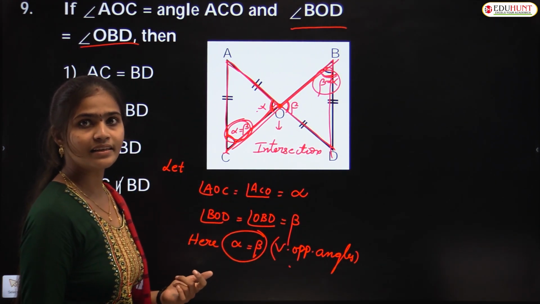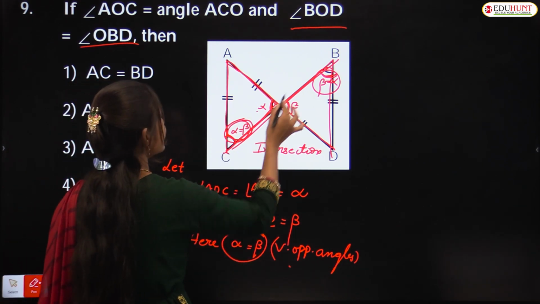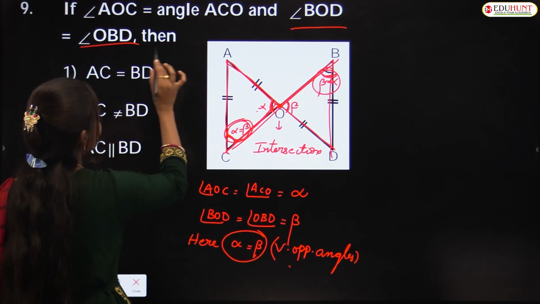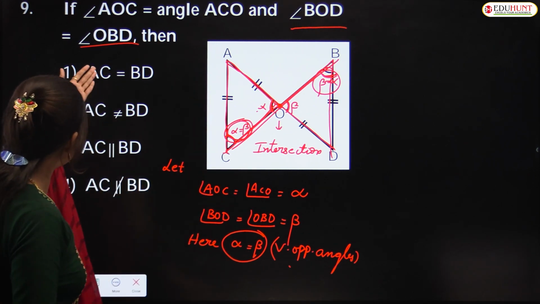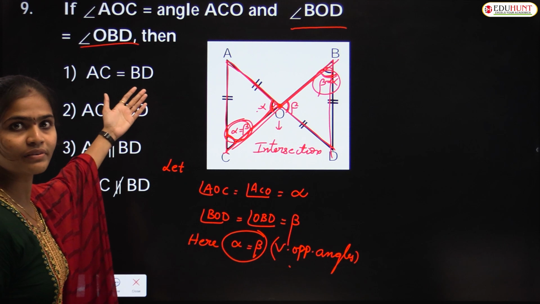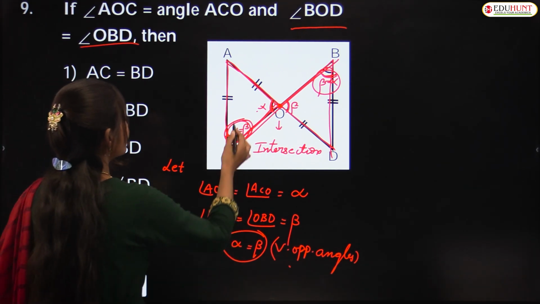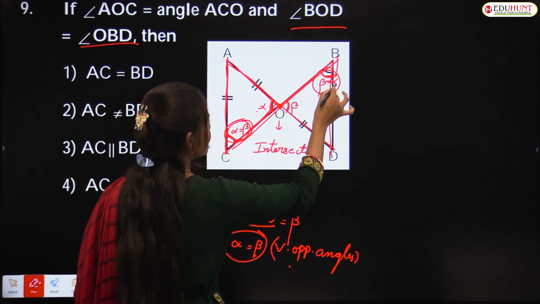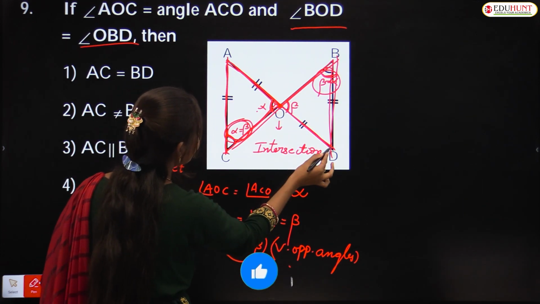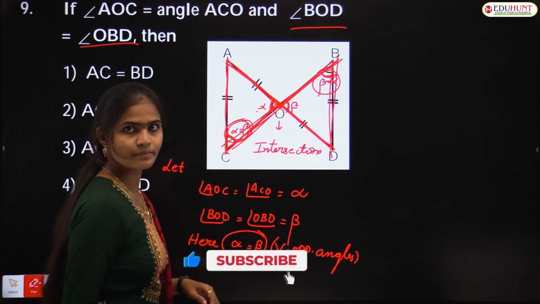Now what are they asking? What is the relation between the given lines AC and BD? That's what they are asking, no? From the options we can say the relation between the AC and BD lines. So this is AC and this is BD, and AD or BC is a transversal.